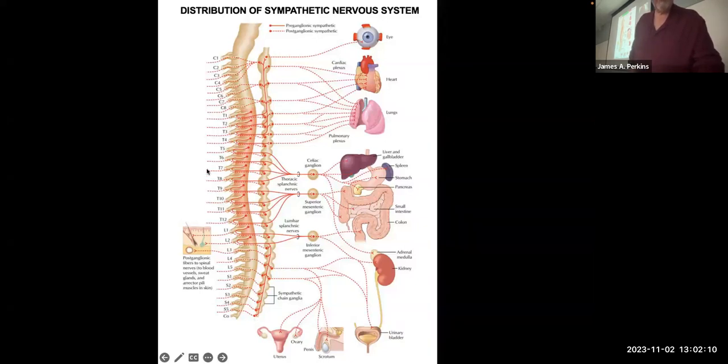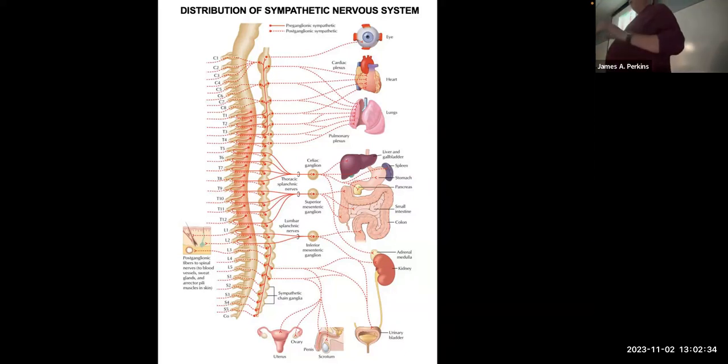So if you take a close look at the spinal cord over here, you'll see that one section of it is shaded in kind of in pink. That's really, really important. What I've shaded in there is the portion of the spinal cord from T1 to L2. So all 12 thoracic levels, T1 through T12, as well as the first 2 lumbar levels.